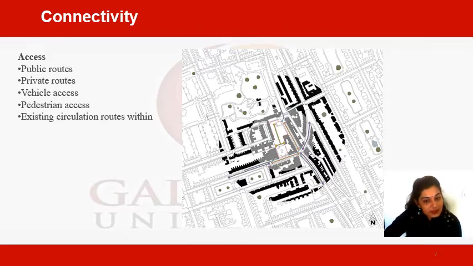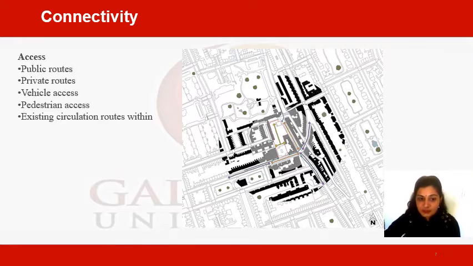Whether vehicle access is there, or only pedestrian access, the existing circulation routes within, how far the site is located from the arterial roads, how far away from the national highways, how will you connect the site to the city, how will you make it easier for people to visit your site. So accessibility is a major part of site analysis.